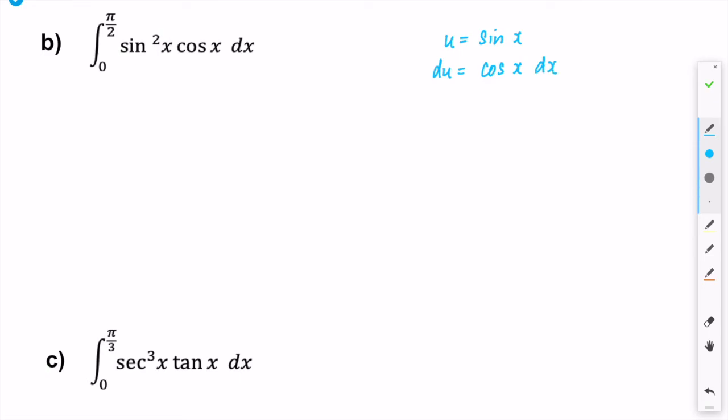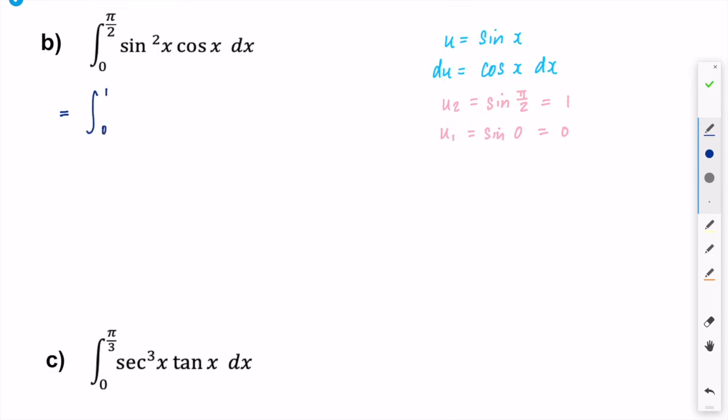Perfect. You can also make your adjustments for the boundaries here. u2 is sine pi over 2, which is 1. u1 is sine 0, which is 0. So putting this all together, we're going from 0 to 1.